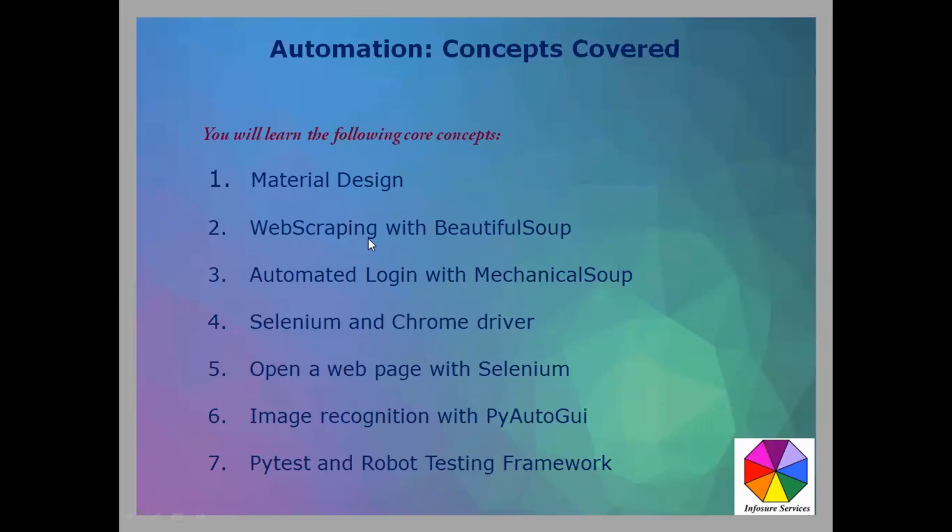Then we looked at Beautiful Soup as an example for web scraping, and MechanicalSoup as an example for automating the login. These two types of activities: web scraping needs a certain permission from the live website if you want to build a database from remote sites and so on.